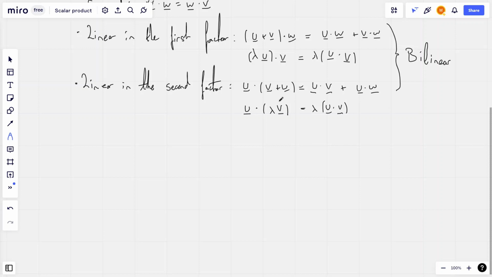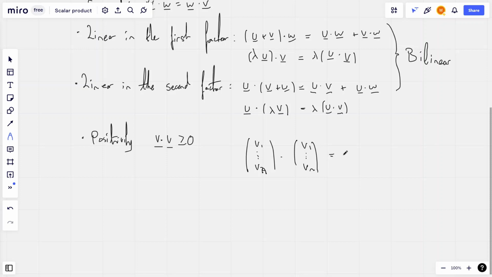Okay, and the last property is that we have positivity in the sense that if we dot a vector with itself, it's always going to be greater than or equal to 0, which intuitively makes sense because let's say we have some vector v and dotted with itself.